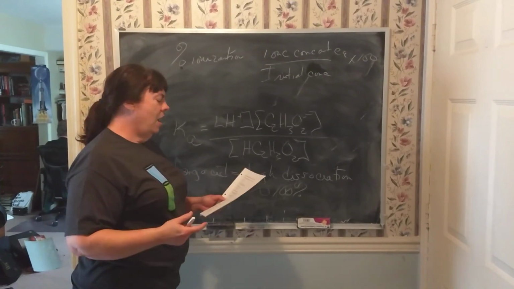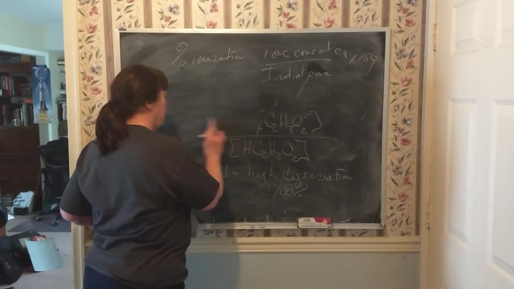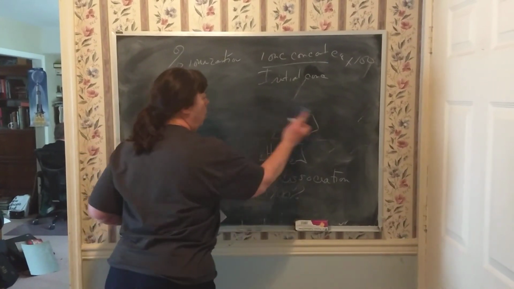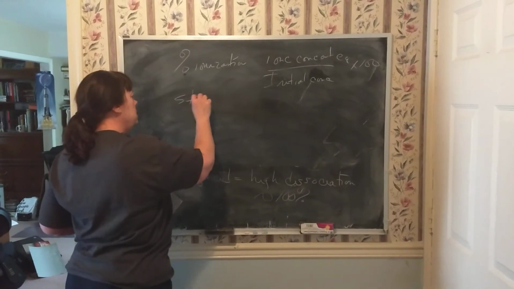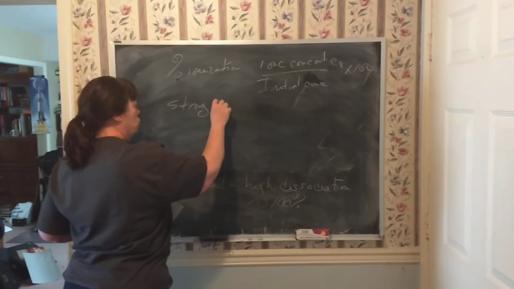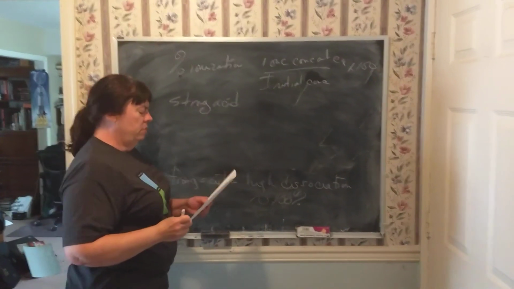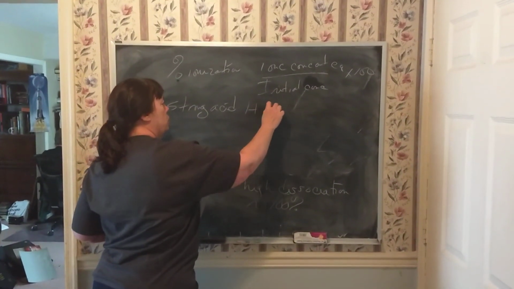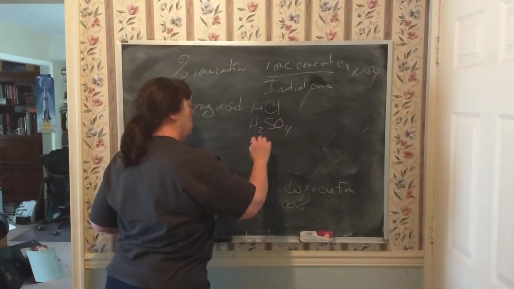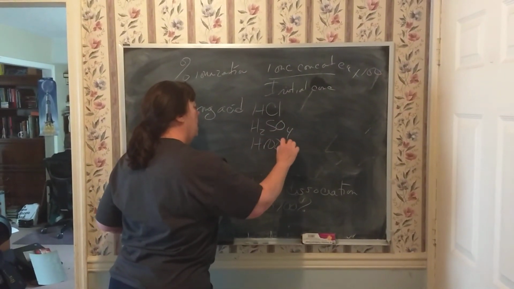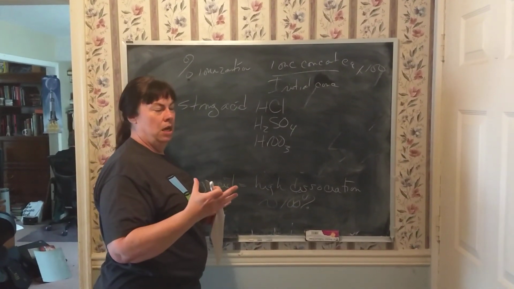What are the ones that are not weak acids? You will find that most textbooks will quote you 4 acids that are guaranteed to be the strong ones. They are ones that we are mostly familiar with. We've got hydrochloric, we've got sulfuric, we've got nitric, and then there's this 4th one that is a lot less common.